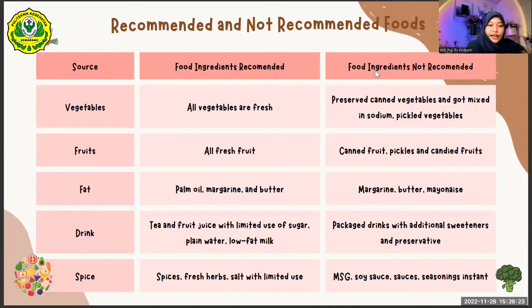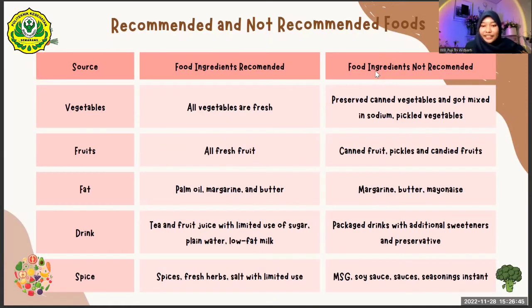And then fat. Food ingredient recommended is palm oil, margarine, and butter. And what is not recommended is margarine, butter, and mayonnaise. For drinks, recommended is tea and fruit juice with limited use of sugar, cold water, and low fat milk.